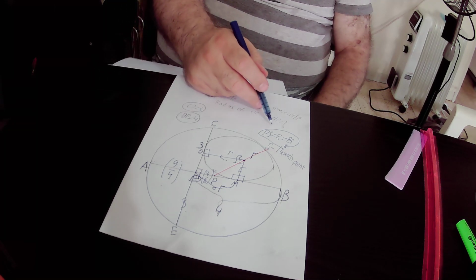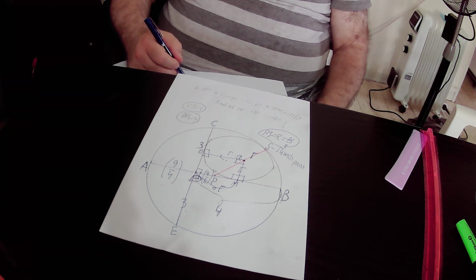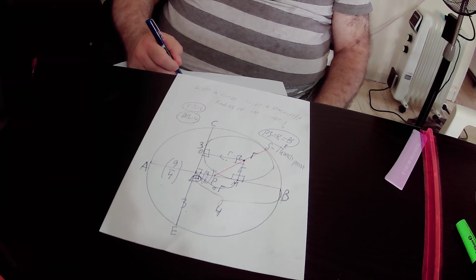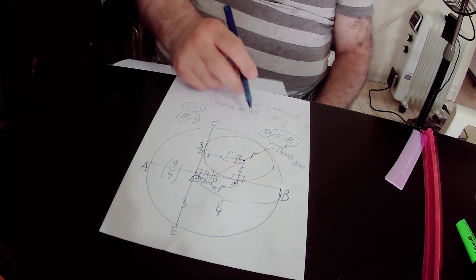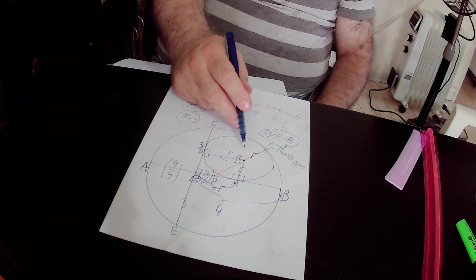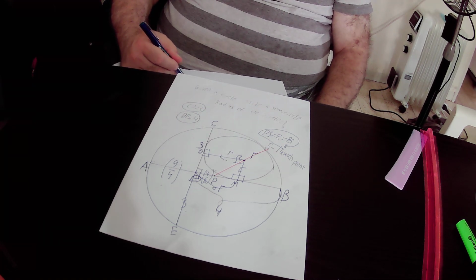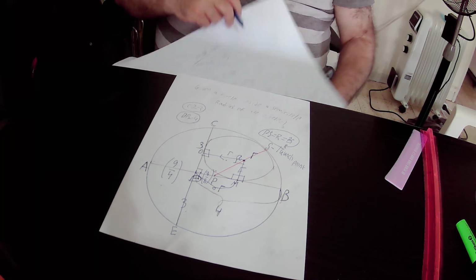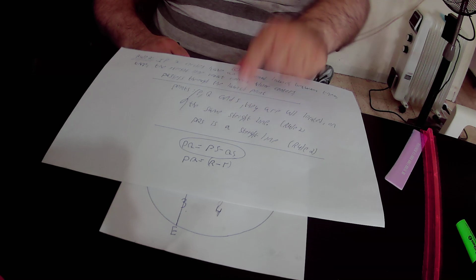PS equals capital R, according to what we have already found out. So we substitute PS by capital R minus QS. We have already found out that QS, this line segment, equals small r. So in conclusion, PQ equals capital R minus small r.